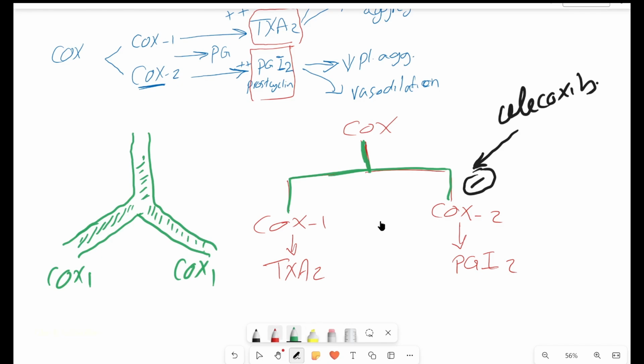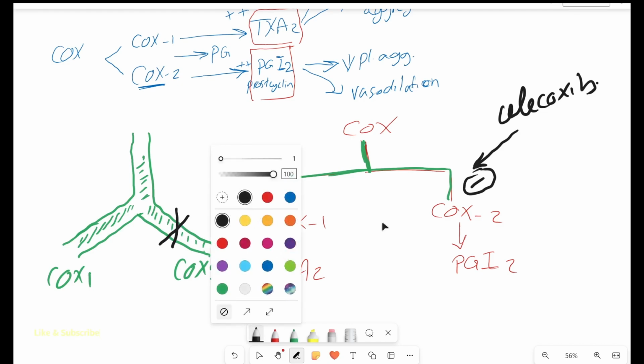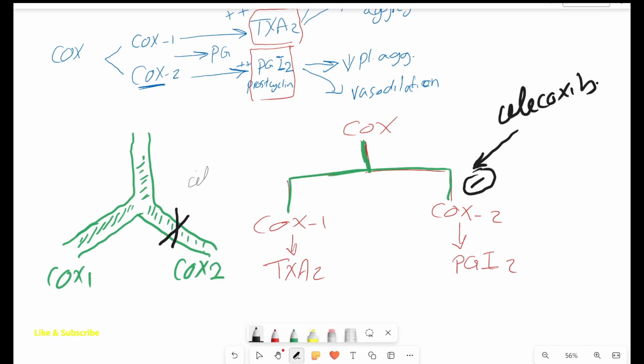So our Celecoxib inhibits this branch, COX-2. Let me clean this one and go back. So what happened here, Celecoxib inhibits COX-2.